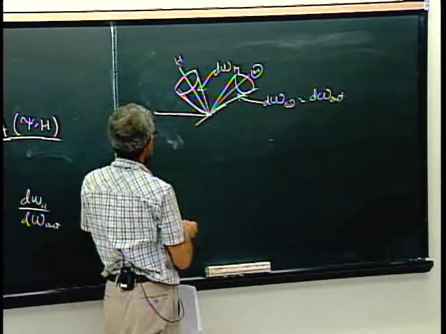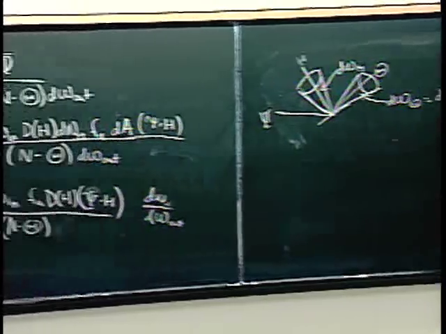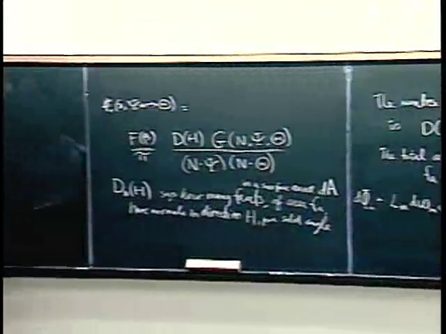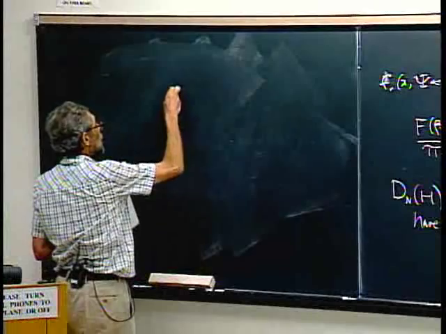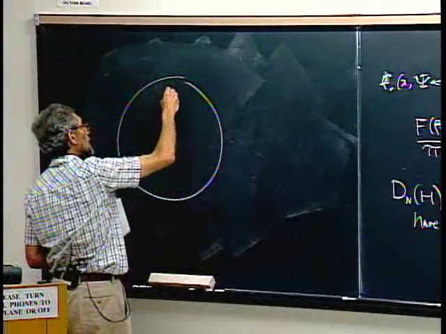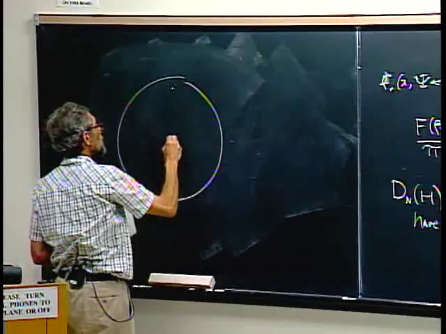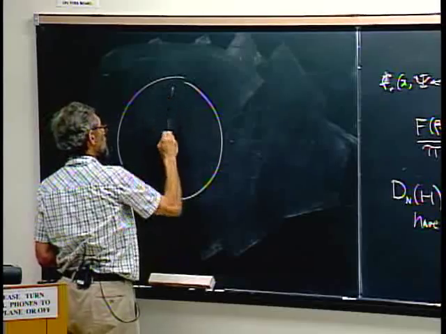What I'm going to do, maybe because I want enough space for it, I'm going to go back to, let's see, what do I need to keep? I guess I don't need to keep any of this. I'm going to make a sphere, and I'm going to make the north pole of the sphere actually point toward the incoming direction.